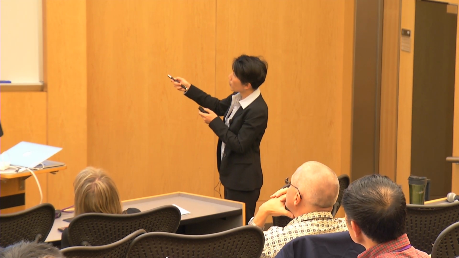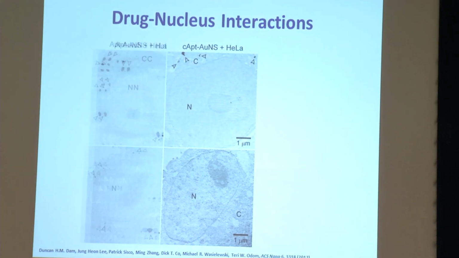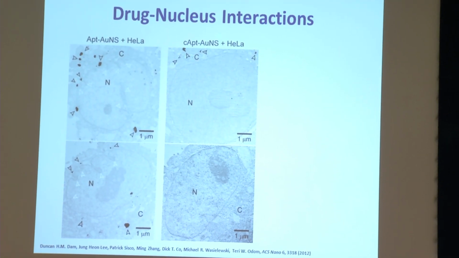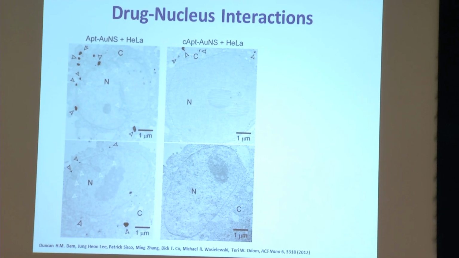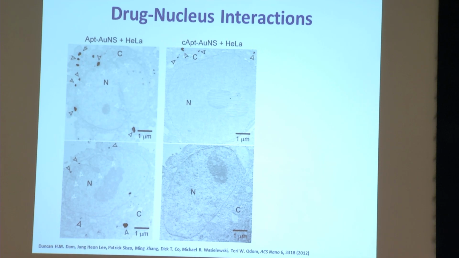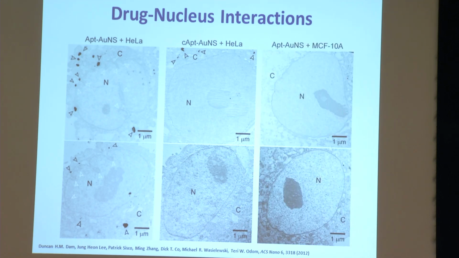Okay, and the other thing that's interesting is that the nanoparticles don't make their way into the nucleus. The nuclear envelope just folds all the way around it. So we did control experiments with the control aptamer, and this is all in HeLa cells as a model system. And it was really difficult to find any particles near the nucleus in the control case because it doesn't bind to nucleolin, and so nucleolin does not shuttle it to the nucleus. But you can see there's a big difference in shape here and then with the drug-treated nanoparticle.